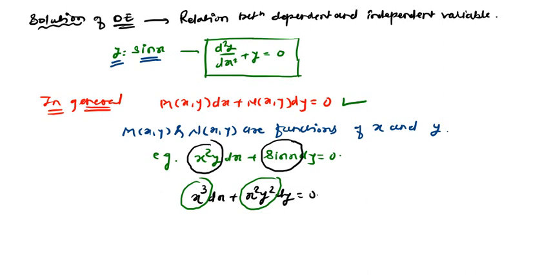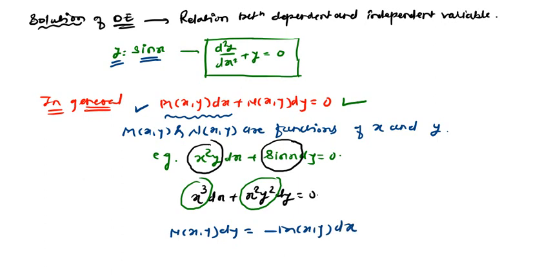In general, any first order first degree differential equation can be written like this. We can also write the general form like this: if I take the M(x,y) dx term to the right side, this will be N(x,y) dy equal to minus M(x,y) dx.